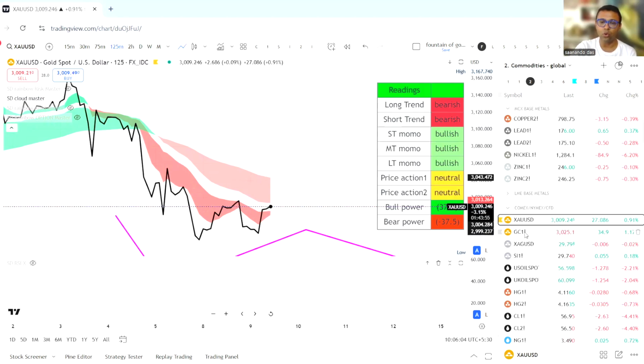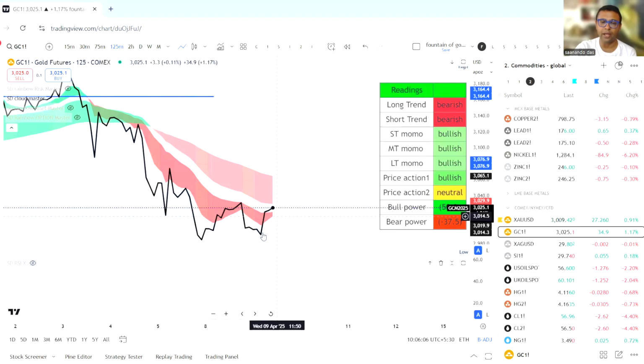So even though gold is looking like a bounce back, we don't have a good buy. I will not go to lower time frames because I prefer to operate in the daily 125. Otherwise we can lose in this.